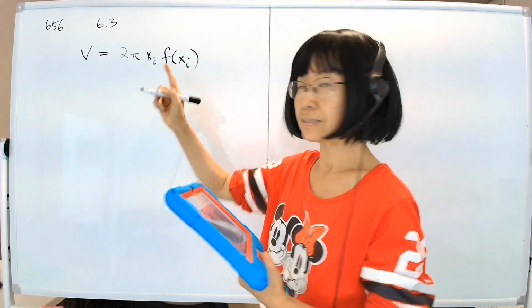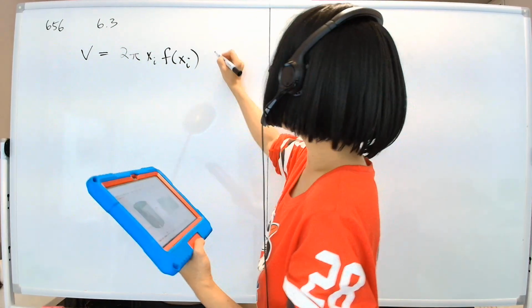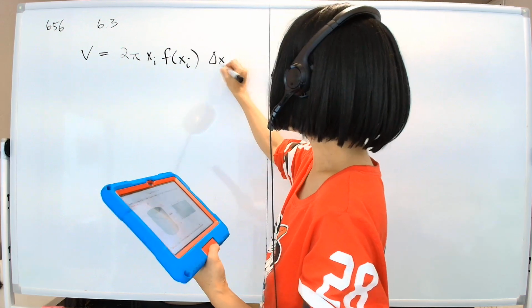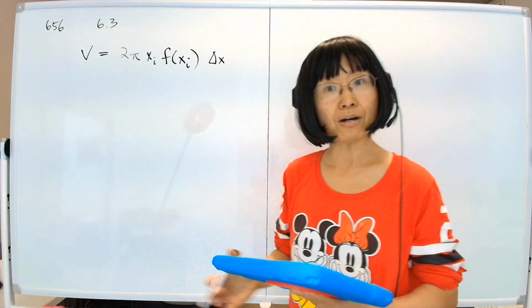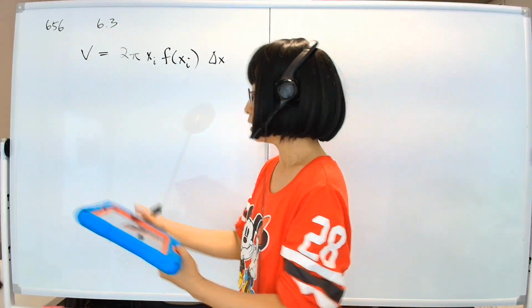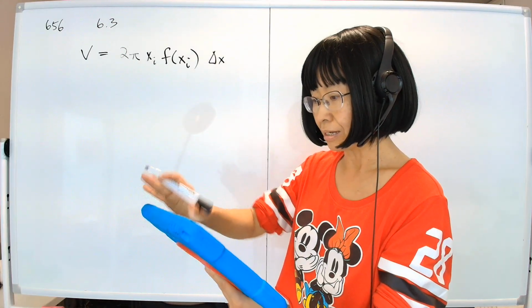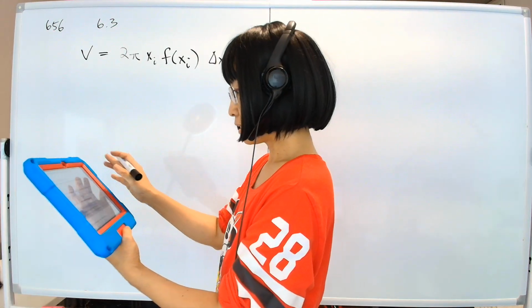So that is the length times width of your shell, and then the thickness of the shell is of course delta x. When we sum all this up into a Riemann sum, we come up with the shell formula.